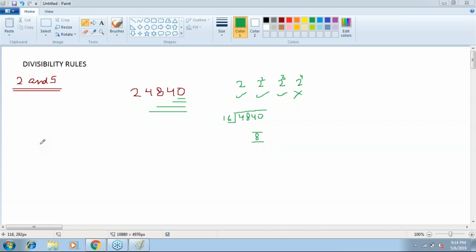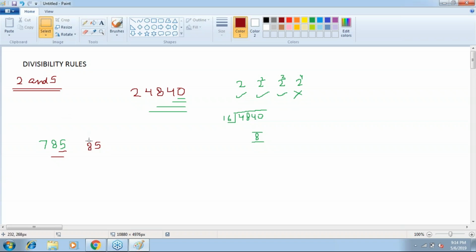suppose there is a number 785. Now you know that this number is not divisible by 2. Fair enough. So for 2 we see only the last digit, 5. If you are asked what remainder 785 will give when divided by 2, you know the remainder is 1. Okay. What about 2 square? 85. So 2 square is 4.